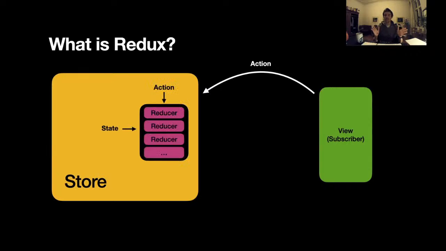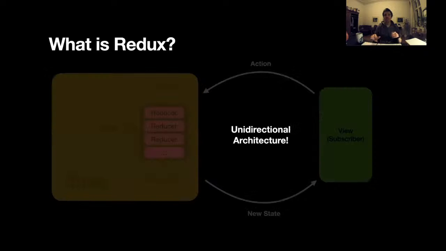Inside we have the business logic called reducers. They get an action and the current state of the app, and they return a new state, which the view subscribes to and listens for, and then it updates itself. So we have this kind of unidirectional architecture.